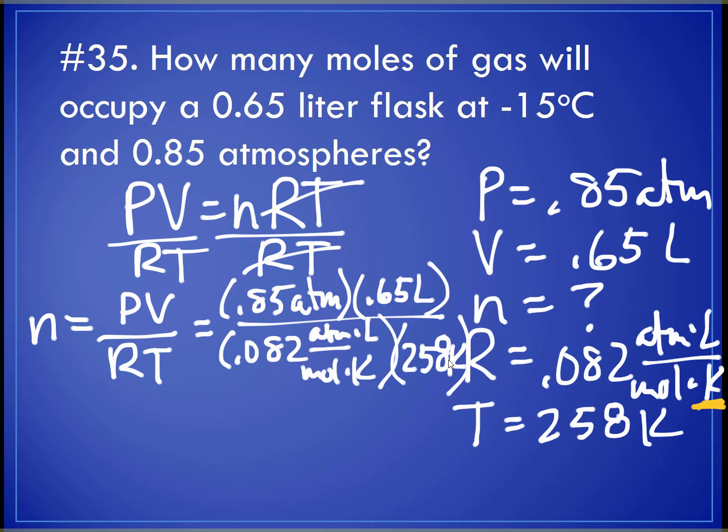My units will cancel, so I get atmospheres canceling, liters canceling, Kelvin canceling, and I have moles in the denominator of the denominator, so when I divide, that's going to flip up. And my number of moles is 0.026 moles. So I only have 2 sig figs, so I'm going to have 2 sig figs in my answer.